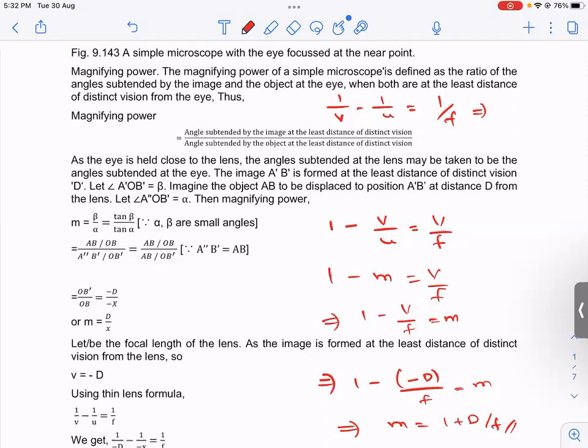So this is the magnifying power for a simple microscope when the image is formed at the least distance of distinct vision, means when the image is formed at the near point.